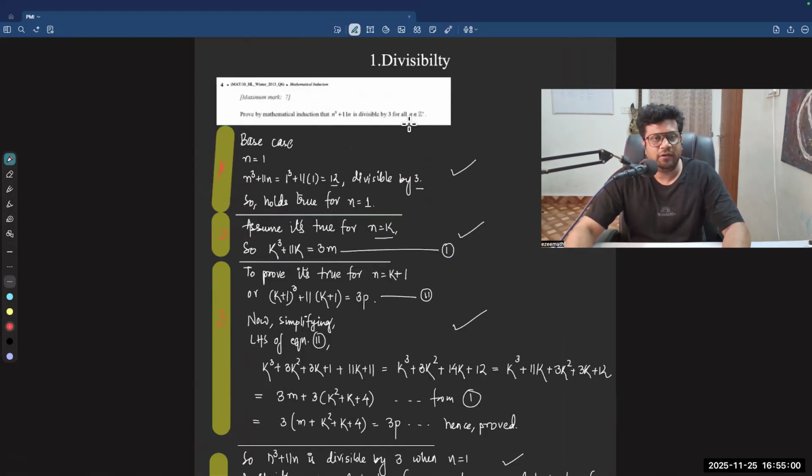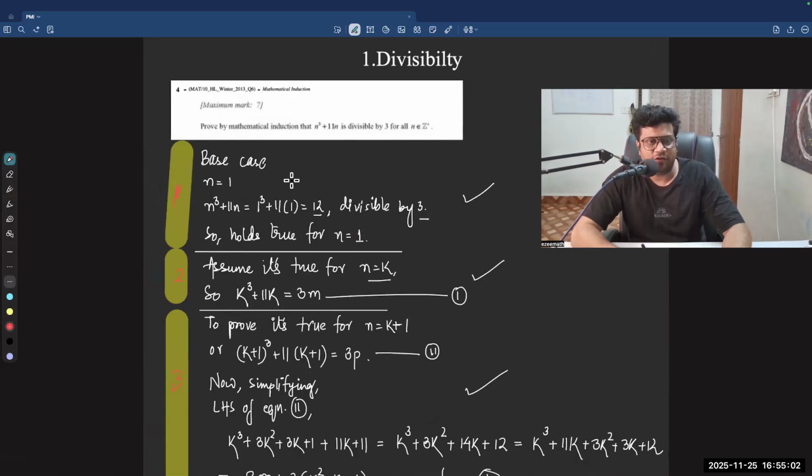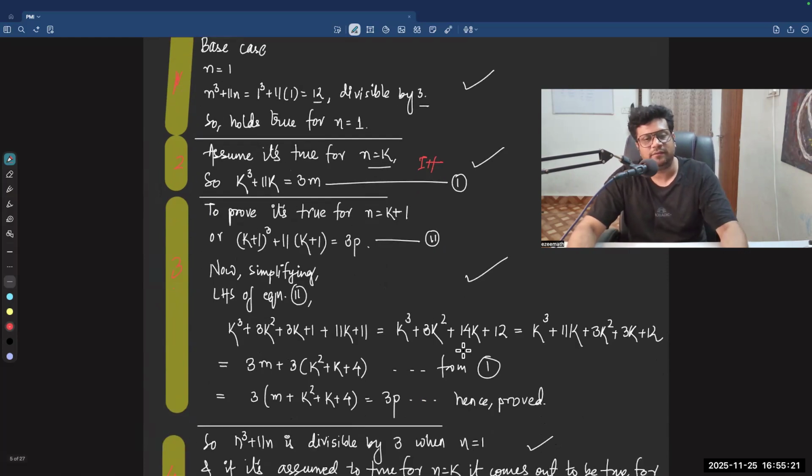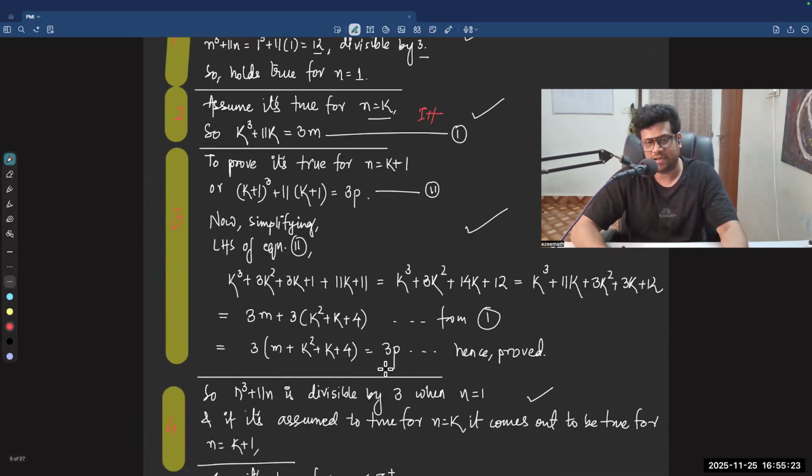It should have you checking it for the base case. It should have a proper statement where you assume that n equal to k is a factor of 3. That is how your inductive hypothesis comes about. This is your IH step. And then there is the proof part, which I showed just now.